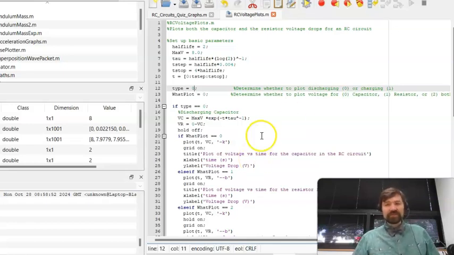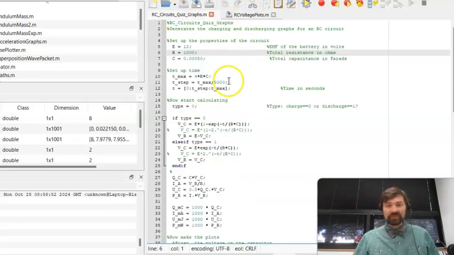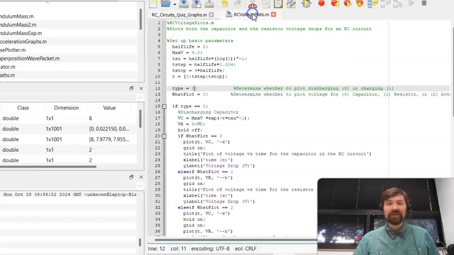The difference basically is just that I have this set up a little bit differently than the other one. This one right here, everything is determined in terms of R and C and epsilon, and basically the time steps and the maximum time are determined in terms of R and C, the decay time tau.